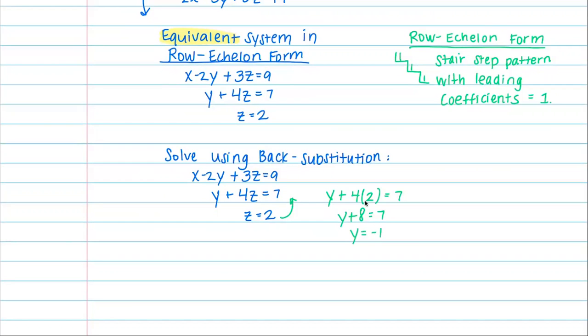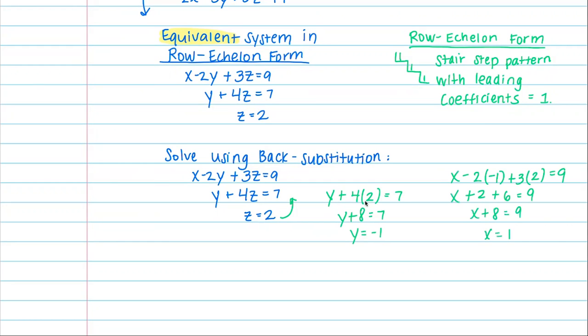And then we'll also plug in z and y to the top equation. So we have x minus 2 times y, which is -1, plus 3 times z, which is 2, equals 9. And if we go ahead and solve, we get x plus 8 equals 9.